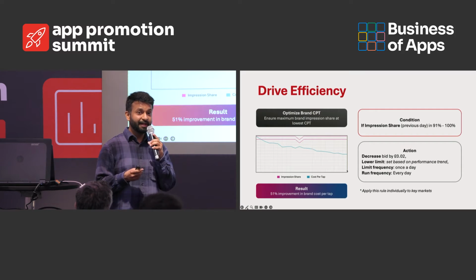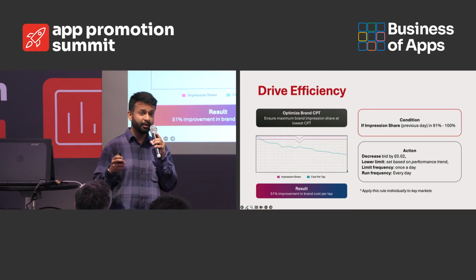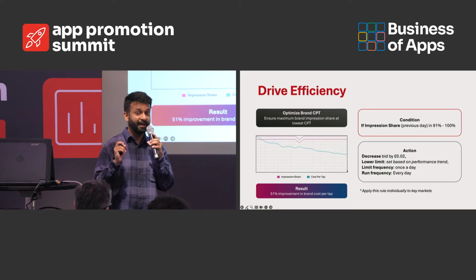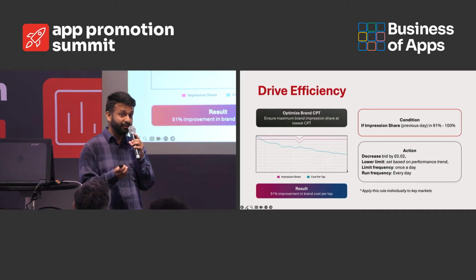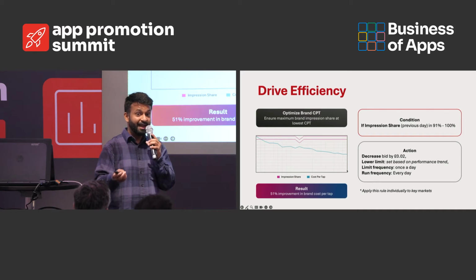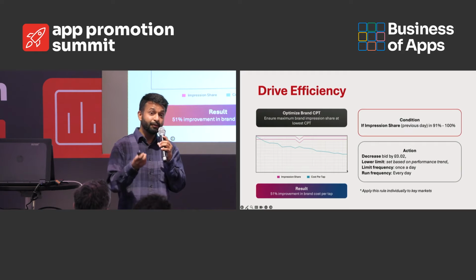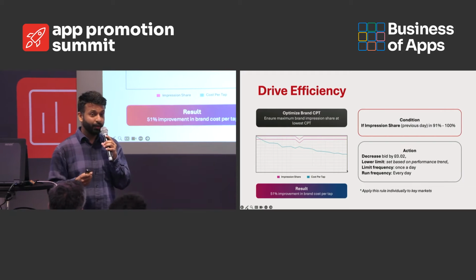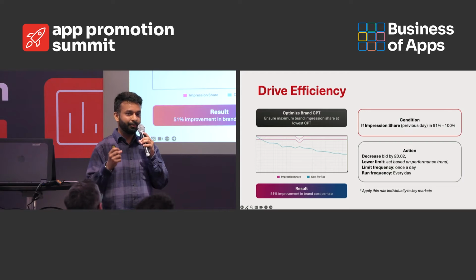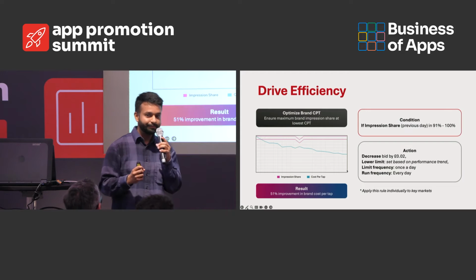So over time, this automation rule will keep reducing your keyword bids on your brand until your impression share is maximized. And as you slowly hand your traffic share to your competitors and they won't be able to afford it, then they will also start pulling back on your brand. And that's how the overall cost per tap on your brand will start to come down.